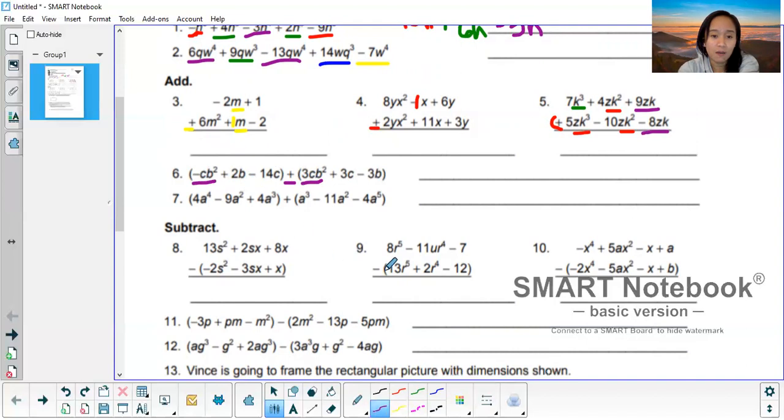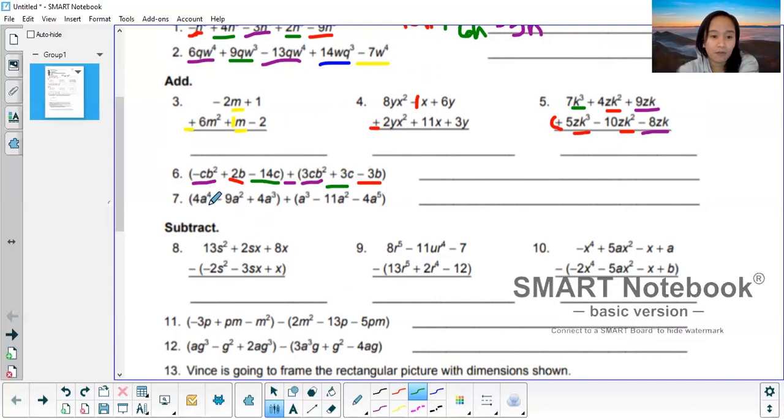For this b, let me find something that also has b on the other side. So this has b. So what's 2 plus negative 3? That's for the b. And for the c, that's negative 14. You have a negative in front of it, so take note. Negative 14 plus 3. What's that? And then you write c.